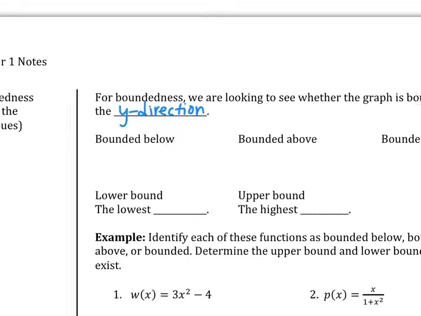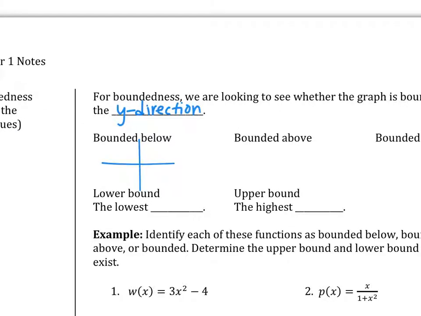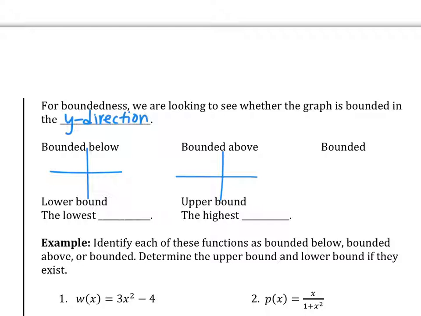Okay, so first, bounded below. Let's draw some graphs. Okay, bounded below means that there is a lowest point that my graph is not going to go under. For example, a parabola. Parabola has the lowest point, it's not going to go below. So that's called bounded below. There is a super low point, and that point is the definite lowest point.